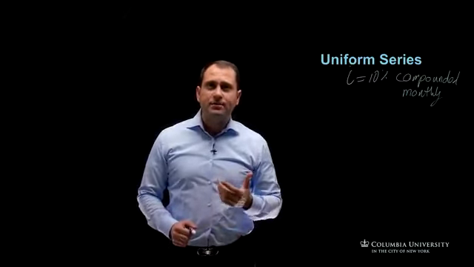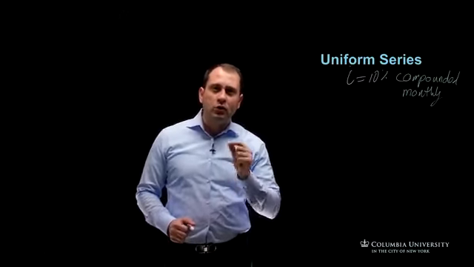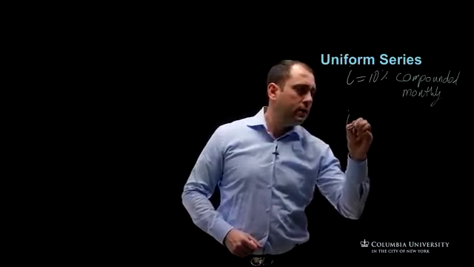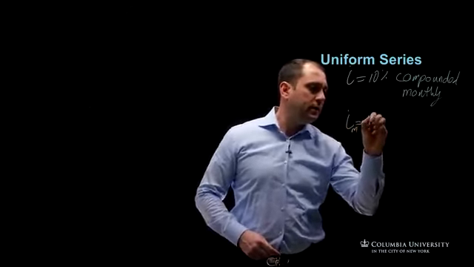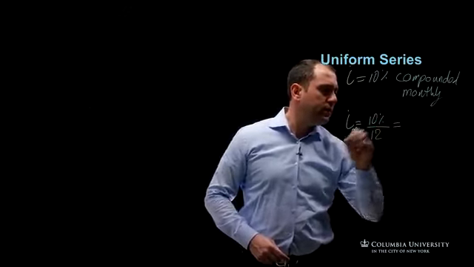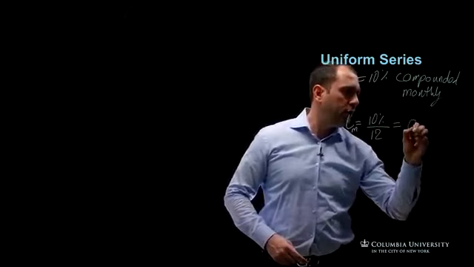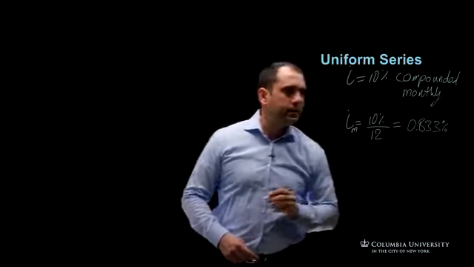To find the interest rate per month, the interest I is equal to 10% divided by 12 months per year, which is equal to 0.833%. So I, from a monthly point of view, will be 10% divided by 12 months per year, which is 0.833%.